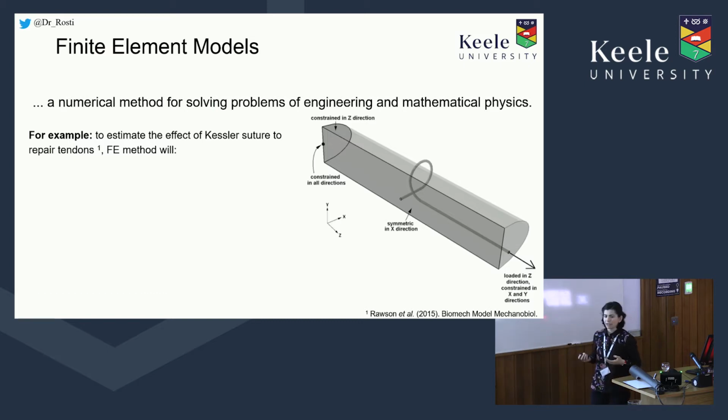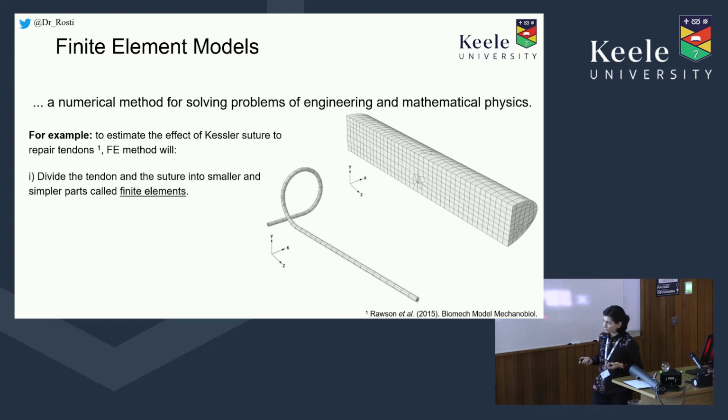What she was trying to study is how a suture, a tendon suture, affects the soft tissue, and what we can change within the suture in order to make it easier and not create lots of rupture or stress around wherever the suture is. To do that, she first created a geometry of the tendon. This is a very approximate geometry of a tendon. And she also modeled the suture itself.